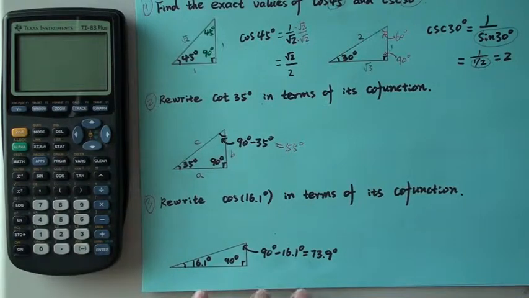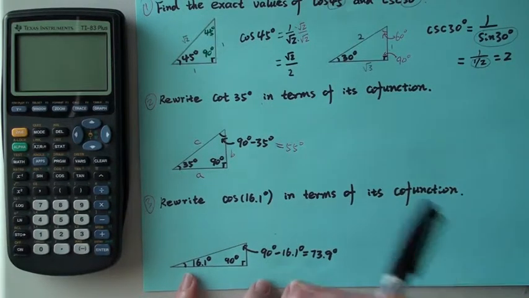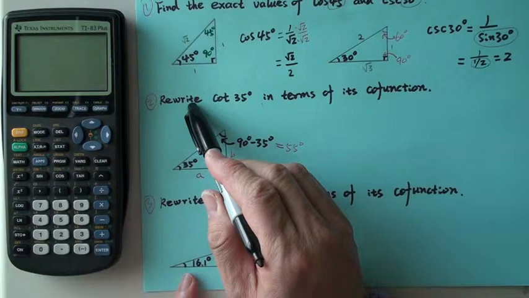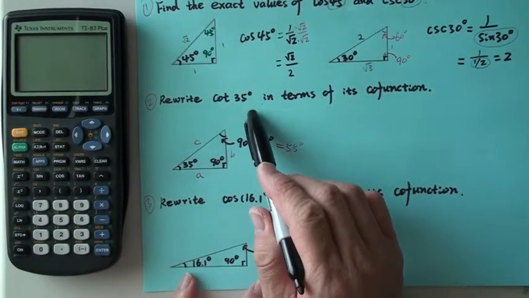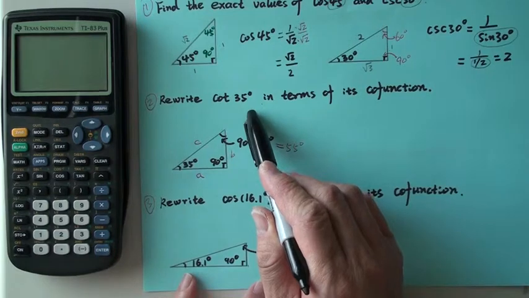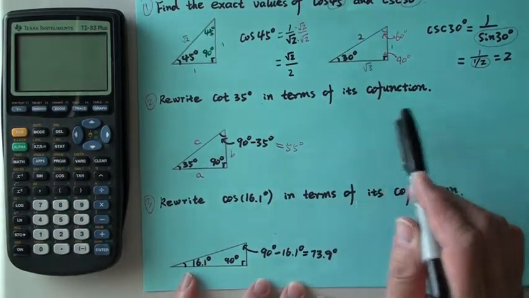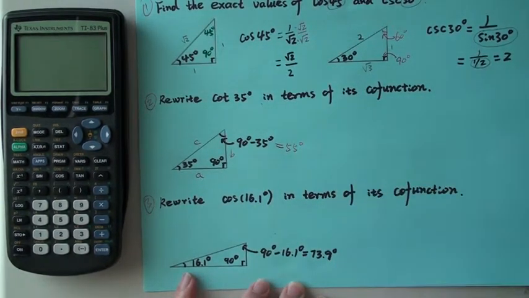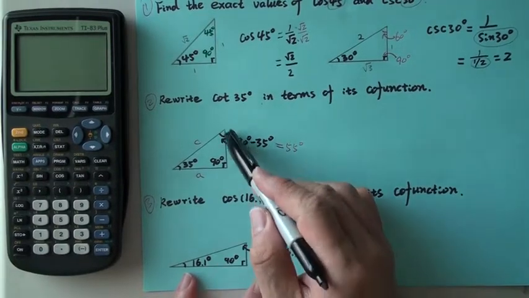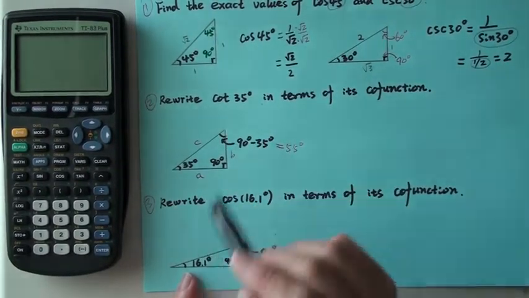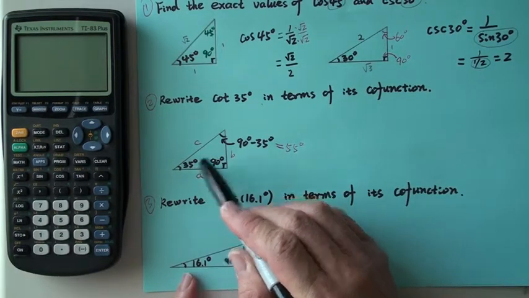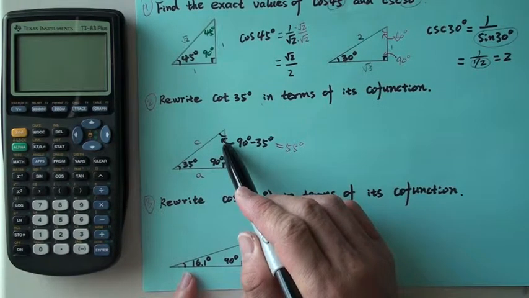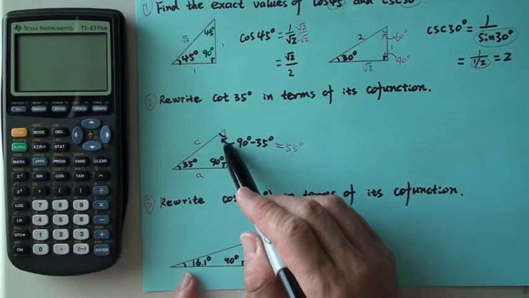Alright, now let's look at this one. This one is rewrite cotangent 35 degrees in terms of its cofunction. Then you may draw a right triangle. 35 degrees is right here. Then this angle is always what? The complement.